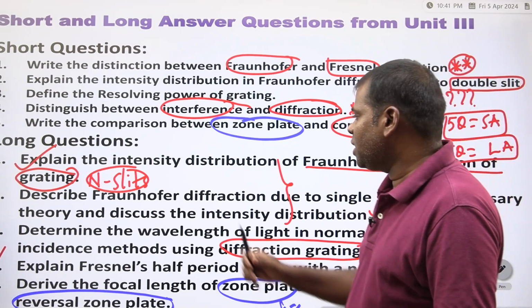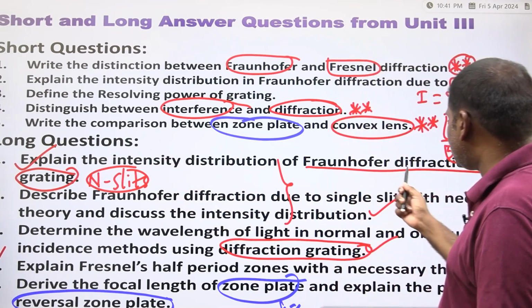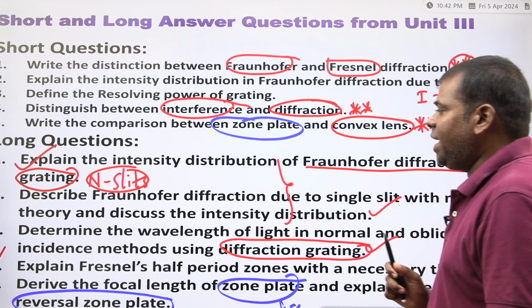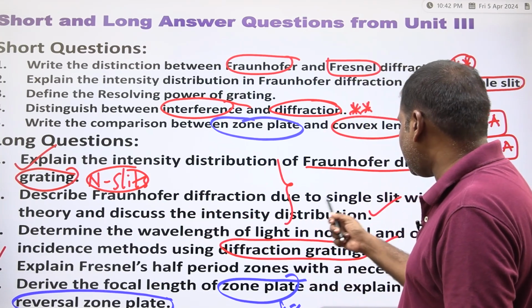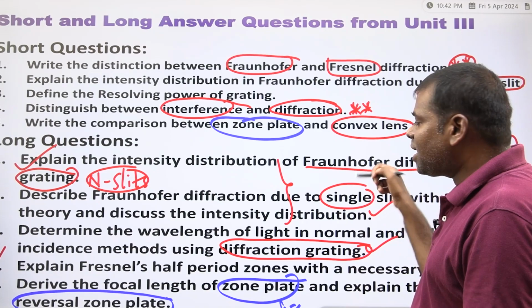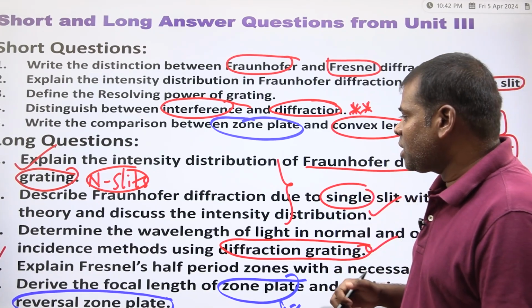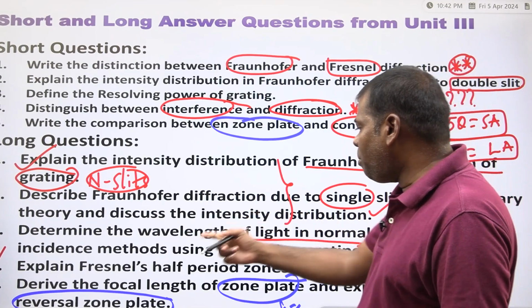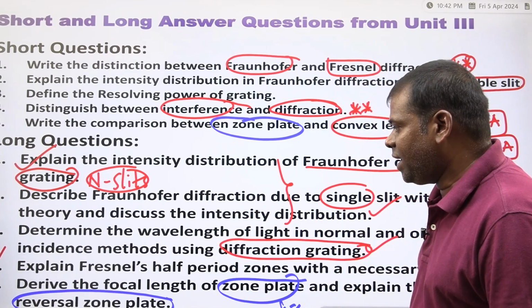Long answer questions. Explain the intensity distribution of Fraunhofer diffraction of grating. Describe the Fraunhofer diffraction due to the single slit. Double slit I made in short. Single slit I made in long. Right? Determine the wavelength of light of a normal and oblique incidence of a diffraction grating.